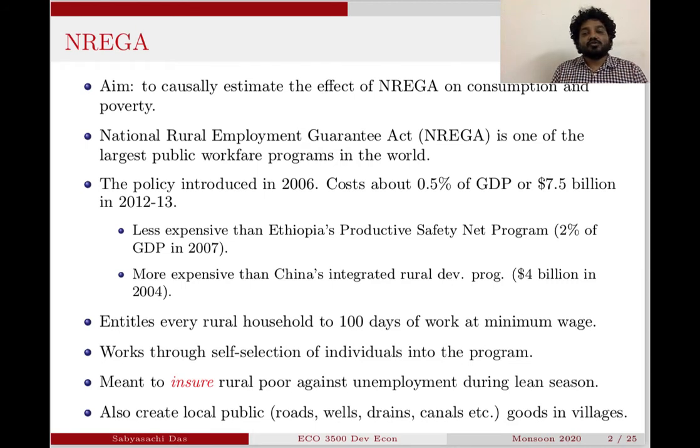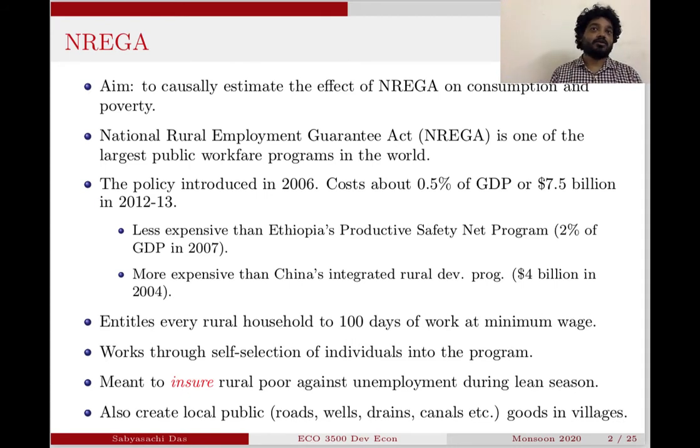If you look at the administrative data, the uptake of this program, or work done under this program, is relatively low during the monsoon season, the main agricultural season, the Kharif season, and during the Rabi season, which is basically the winter running into the summer, that's when the work picks up.